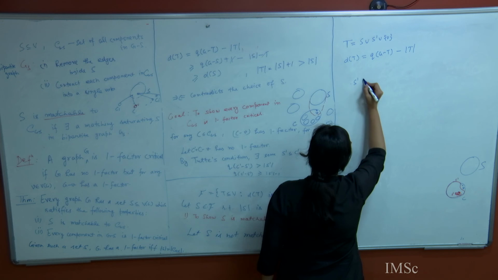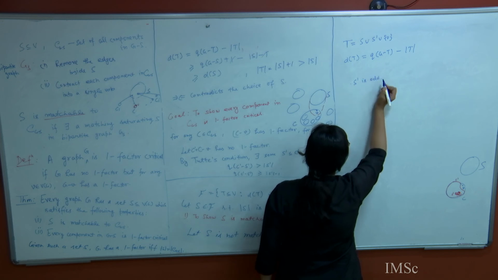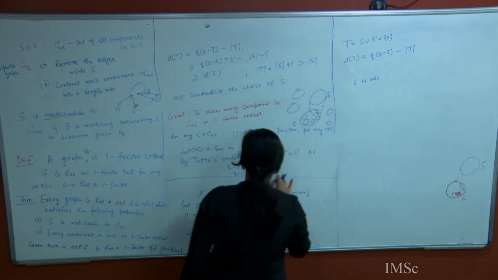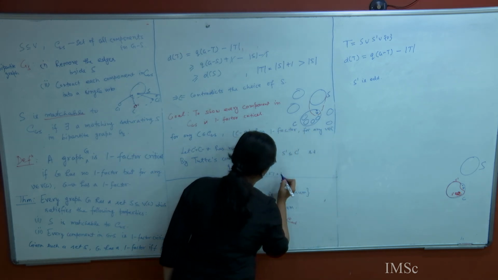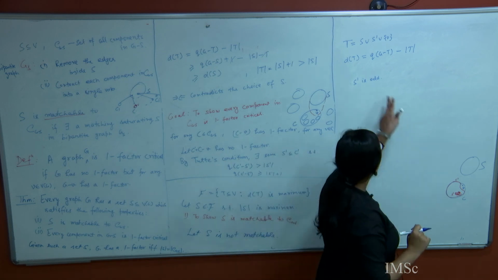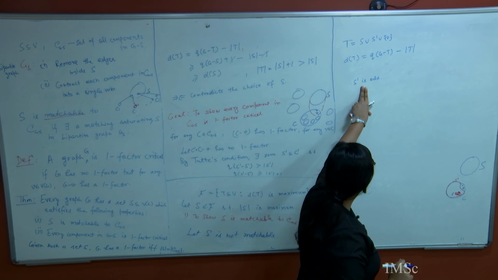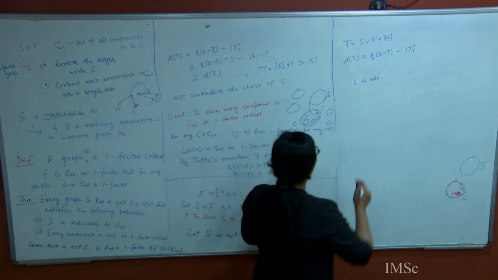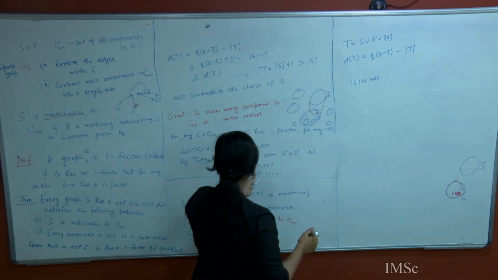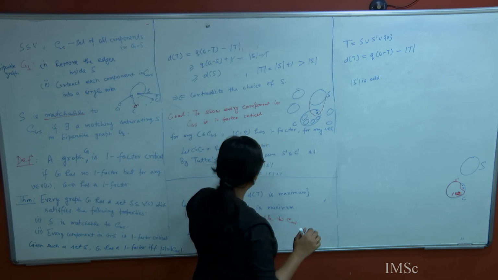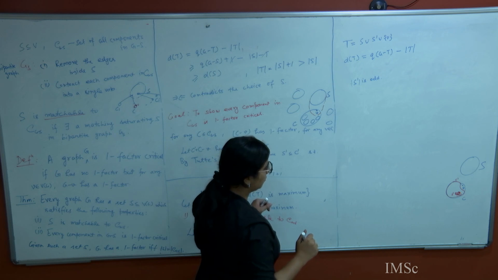Let cardinality of S prime be odd. Then can we say something about Q of C prime minus S prime?